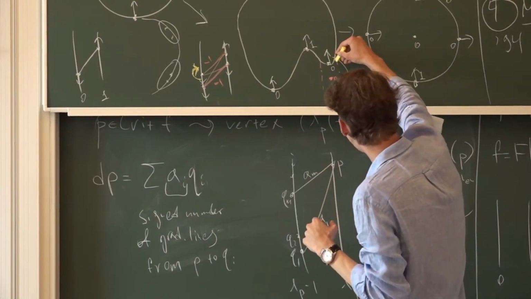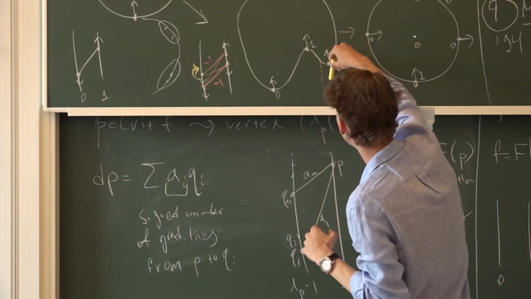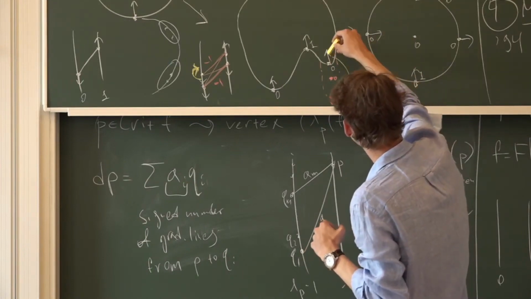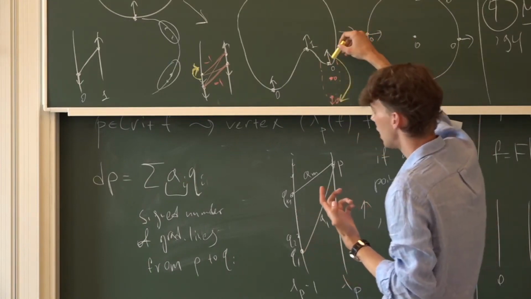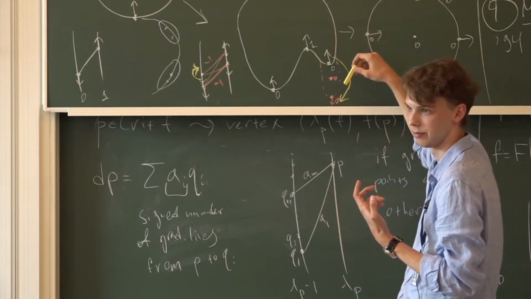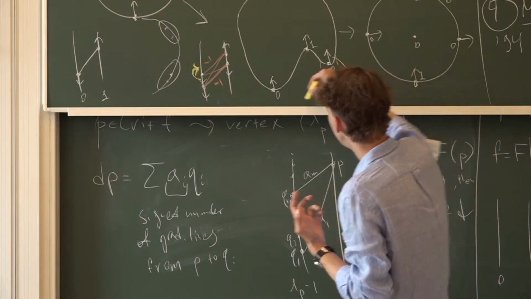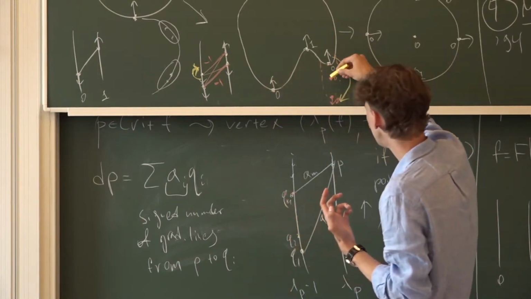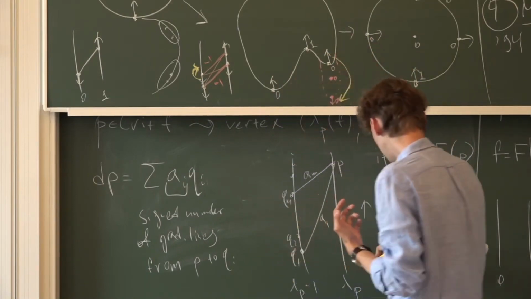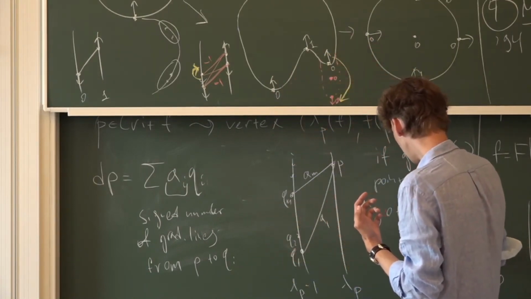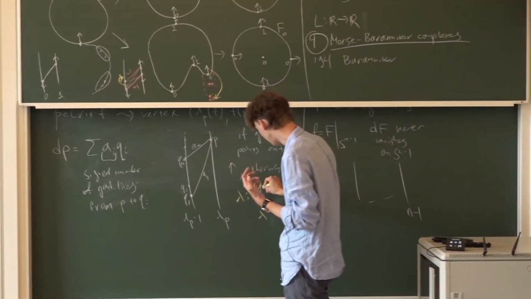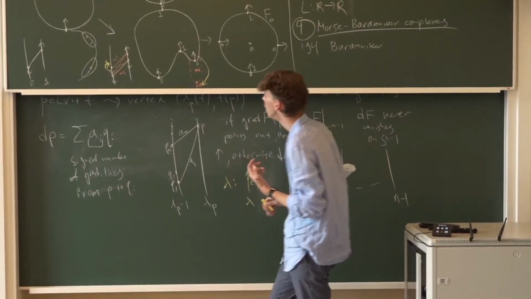And if you pass through such a critical point, as Barannikov proved, you can indeed do it in such a way that just the direction of one arrow changes. And it can change. So here we pass through a critical point of index 0, and it changes from up to down. And indeed, for index lambda, we can have on the level lambda a change from up to down.